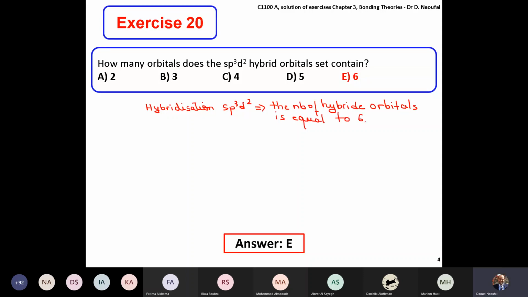So how many orbitals do we need? It implies 6 orbitals. And the answer is E. What is the figure of repulsion of the 6 orbitals? The figure of repulsion is octahedral.